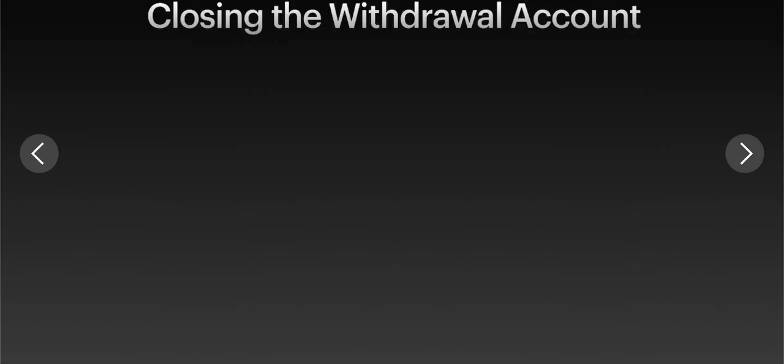Lastly, closing the withdrawal account. Well, withdrawal account is part of our equity. And this kind of account is being closed directly to capital account. The normal balance of withdrawal account is debit.